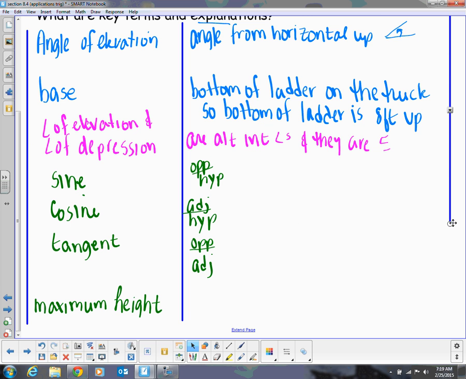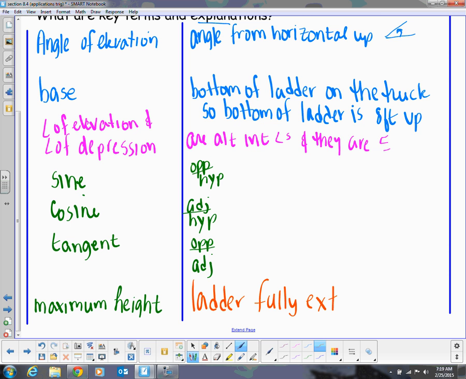All right. So maximum height means the ladder will be fully extended. How long is that? If it's not fully extended, we couldn't do this problem because we would not know. Fully extended, and that's going to be 100. All right, so when you read a word problem for the first time, this is where you start.